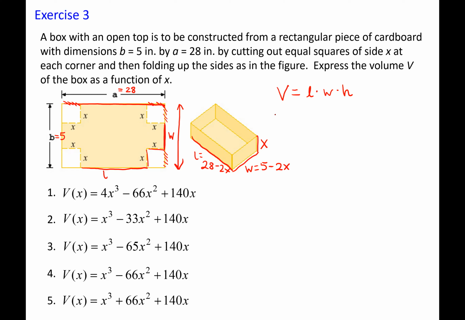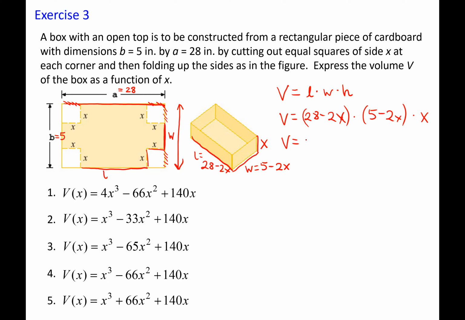Now we just have to place them in the formula. The length is 28 minus 2x, the width is 5 minus 2x, and the height is just x. We have to distribute everything.